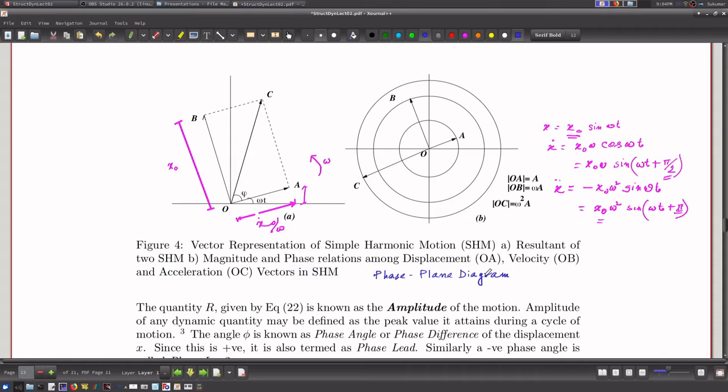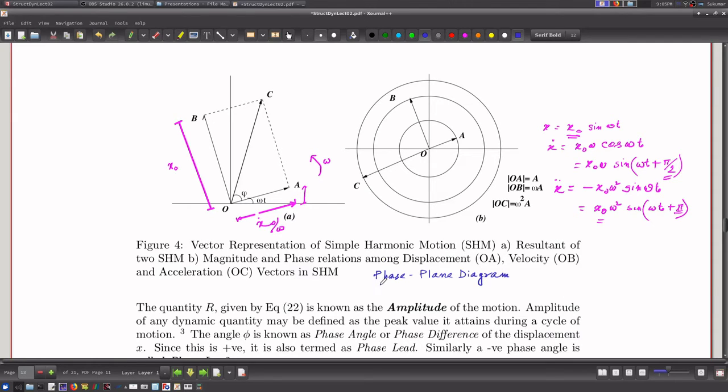This is a very important tool in dynamic analysis of systems, such as a mechanical system like an engine. Say you have the to and fro motion of the piston, and that will be converted into rotational motion by the crankshaft, okay, and therefore there will be some phase difference between the motion of the crankshaft and the piston.